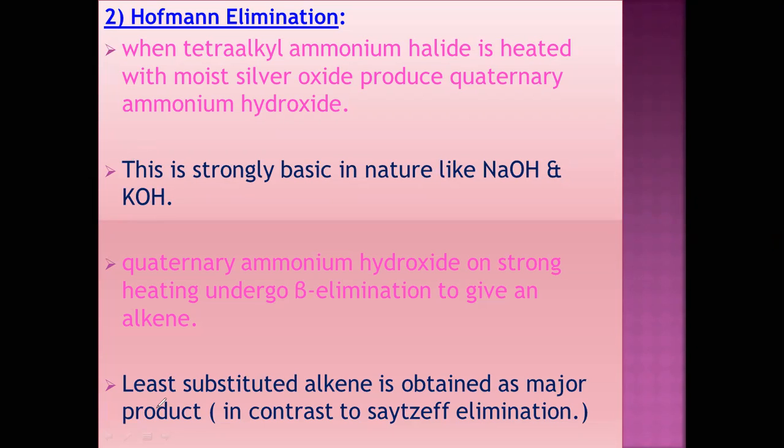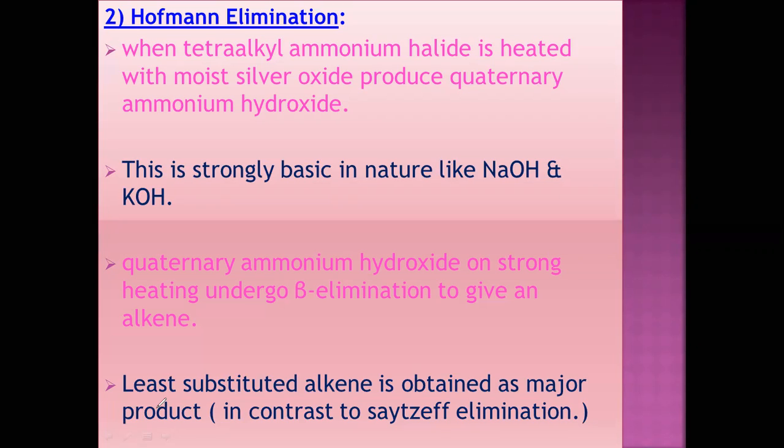The least substituted alkene is obtained as a major product, which is exactly in contrast to the Saytzeff elimination reaction. In the Saytzeff elimination reaction, we have already seen that our major product is obtained as an alkene. But which type of alkene is obtained as the major product in Saytzeff elimination?